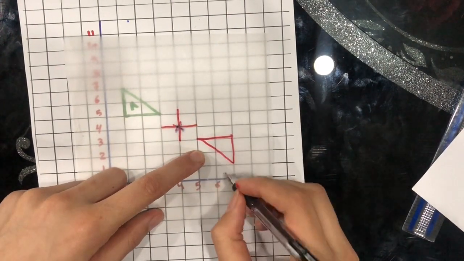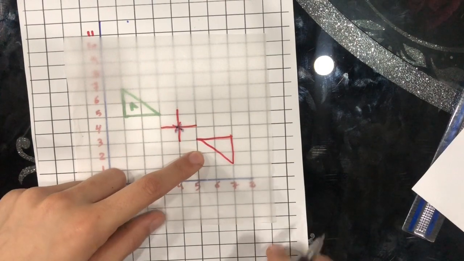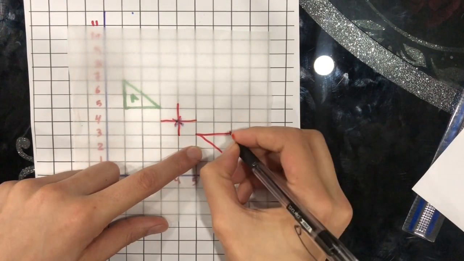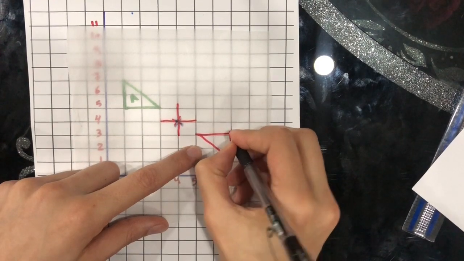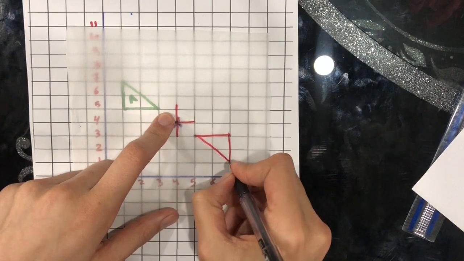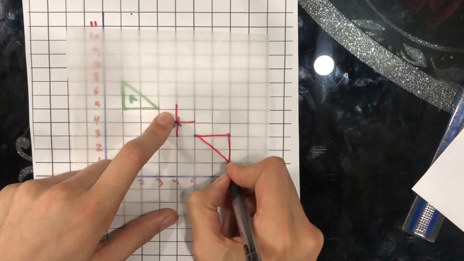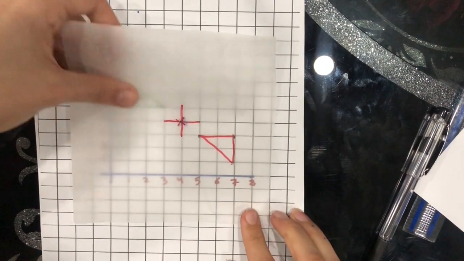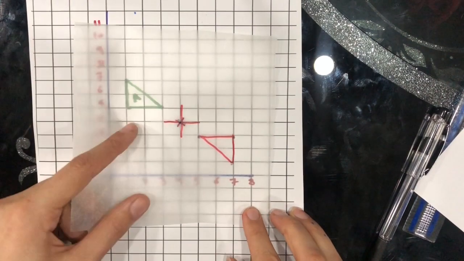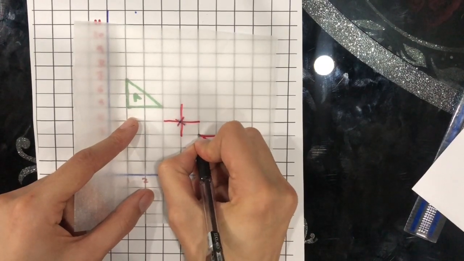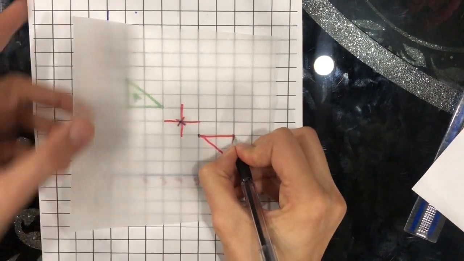Now, how can I transfer this onto my question paper? All you need to do is push a little bit more on your tracing paper, because this tracing paper will not be given to your teacher. You just need to put a little bit of pressure into it, or you can make a hole.